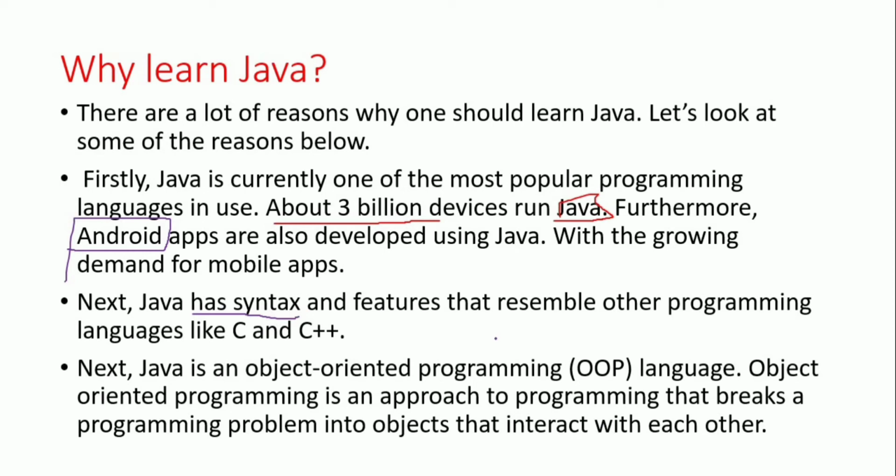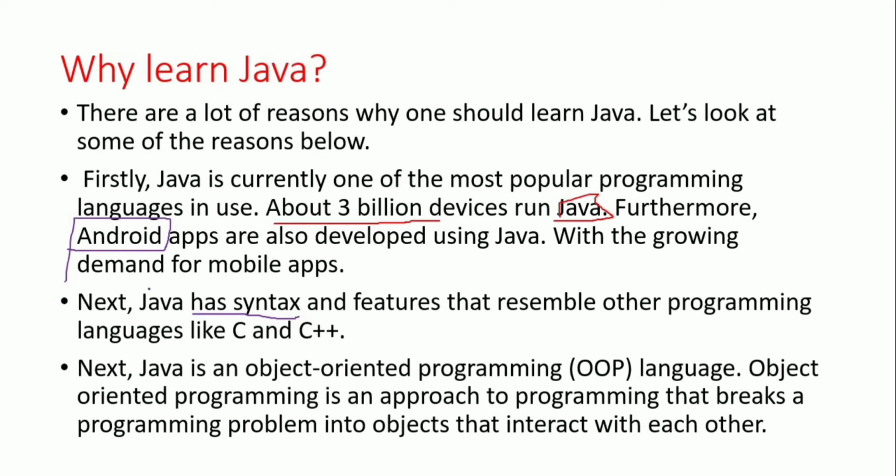Next, most important is that Java is an object-oriented programming language. Object-oriented programming means that the program is divided into objects and classes. When we write a very large program, the program must be stable. It must do the job we wrote it for.